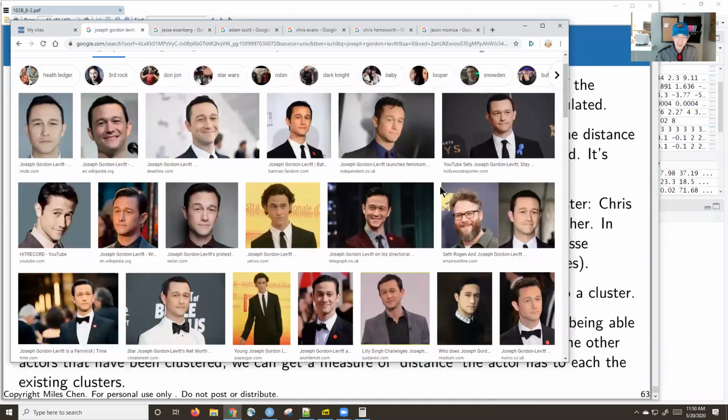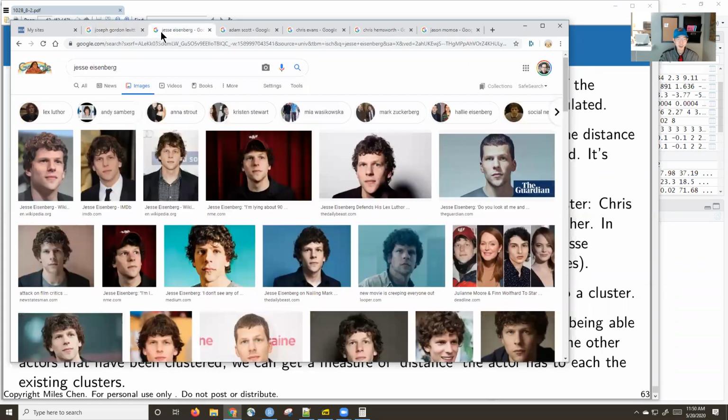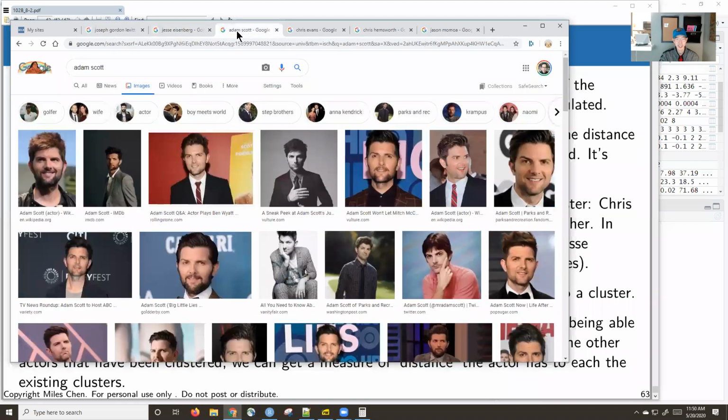Okay, a person is a complicated thing, and a person might be defined on, like, I don't know, hundreds of different dimensions, right? If we wanted to try to quantify what a person is. But then we want to try to cluster actors together. All right, and so we would probably put Joseph Gordon-Levitt, Jesse Eisenberg, and Adam Scott together.